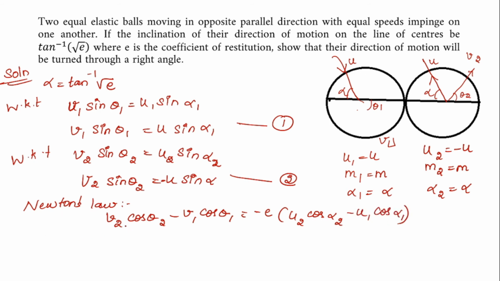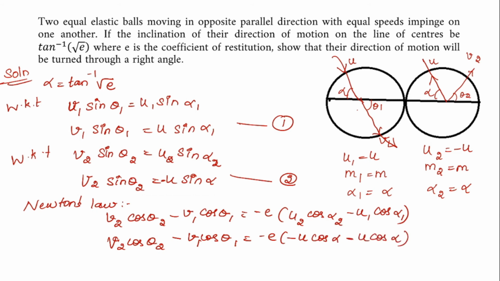Which implies v2 cos theta 2 minus v1 cos theta 1 equal to minus e into u2 is minus u, so minus u cos alpha minus u cos alpha.